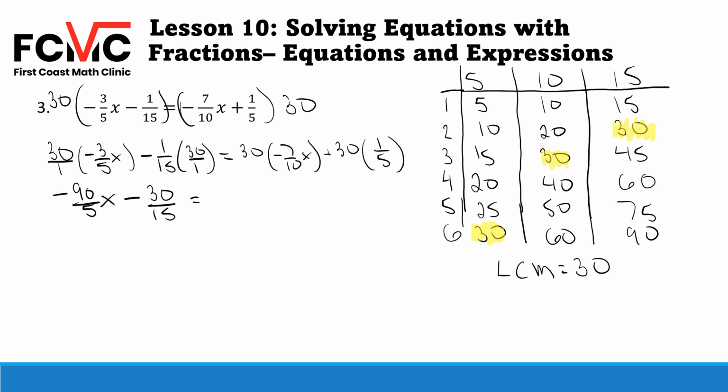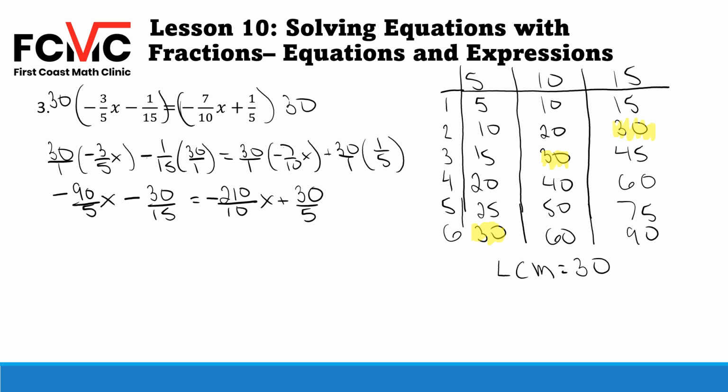I'm just going to multiply everything out first, and then I'll reduce it. And then here, 30 times negative 7, we're going to get negative 210 over 10x. And then 30 over 1 times 1/5 gives 30 over 5.